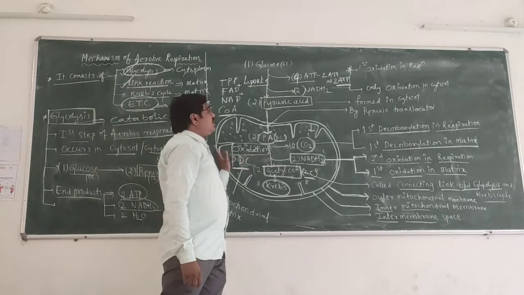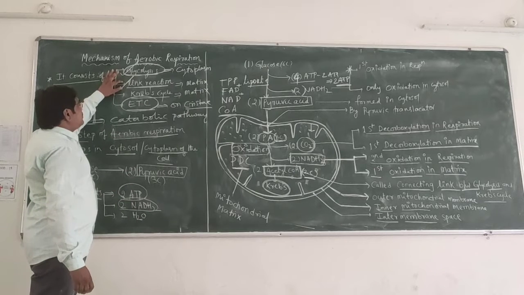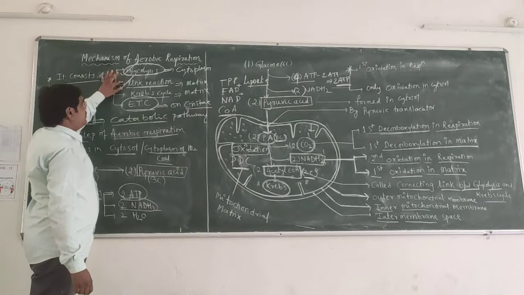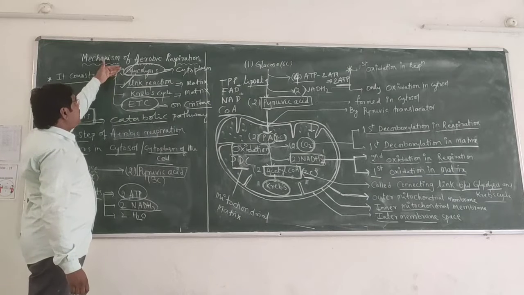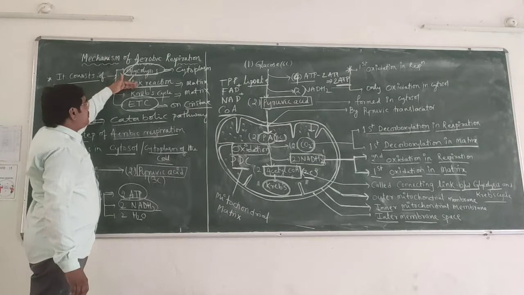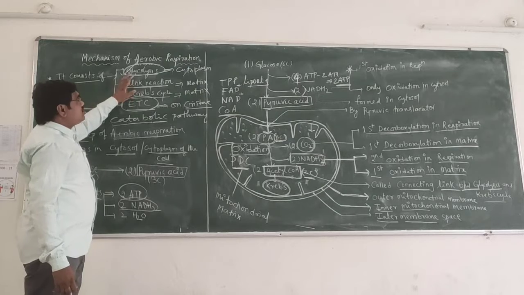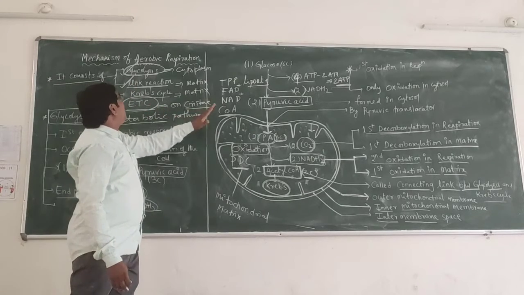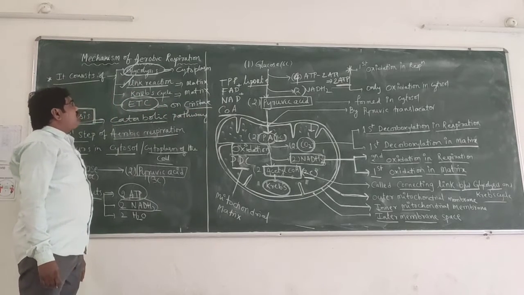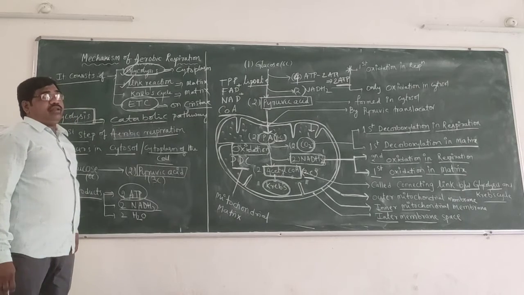This is the complete explanation of the link reaction, the second step in aerobic respiration. In the previous video I explained glycolysis, and now the link reaction is also completed. In the next video I will explain the Krebs cycle. This is the complete mechanism of aerobic respiration: glycolysis and the link reaction. Thank you.